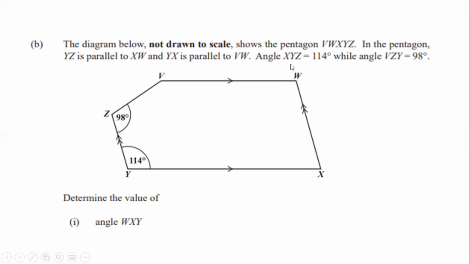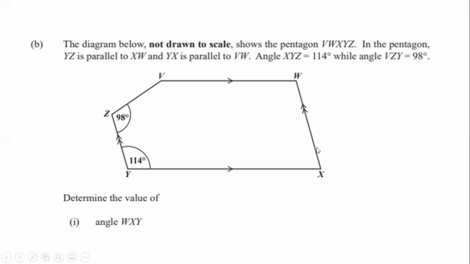And it says angle XYZ is 114 degrees and angle VZY is 98 degrees, and it says determine the value of angle WXY. So we're trying to find the degrees right here at angle X, the magnitude of angle X basically.